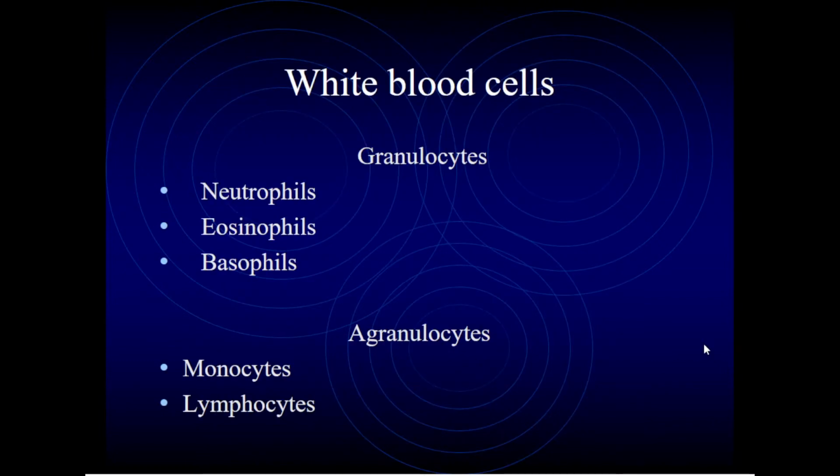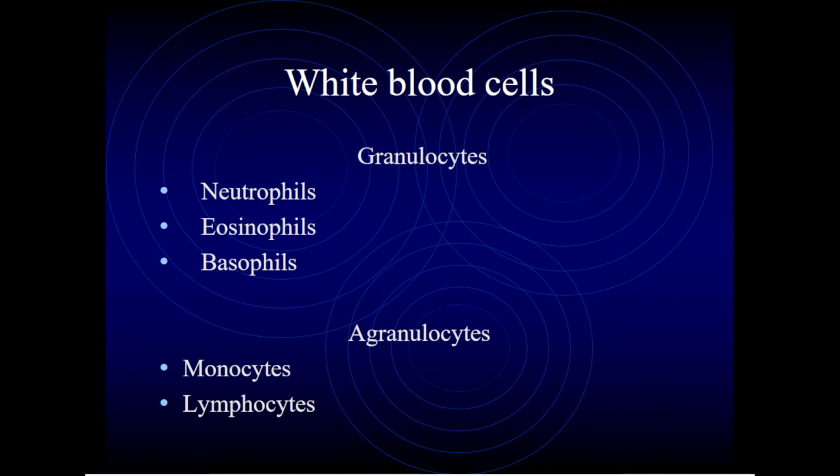The blood-formed elements are red blood cells or erythrocytes. We have discussed their functions at the previous lecture. White blood cells or leukocytes and platelets or thrombocytes.